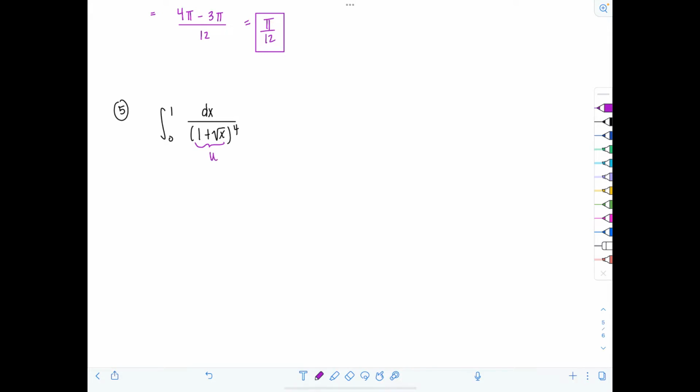So this is u. We're going to let u equal 1 plus rad x. So what's du? Well, the derivative of 1 is 0. And at the very beginning of the video, remember I told you could just memorize the derivative for rad x. It comes up so much. 1 over 2 rad x dx. And you might be thinking, Professor V, I don't see that in the integral.